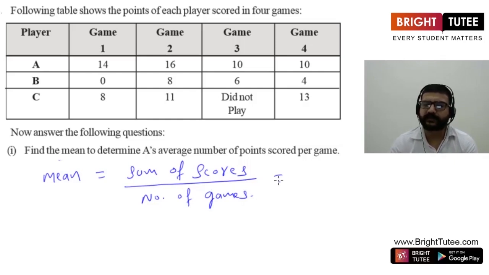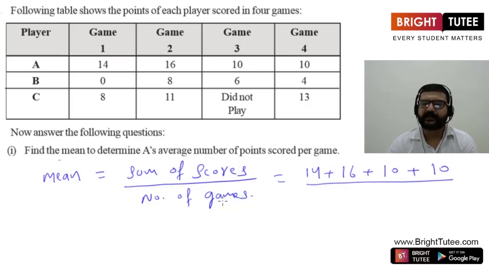So the sum of all the scores will be 14 plus 16 plus 10 plus 10. So these are the scores made by player A in how many games? In 4 games. So the total number of games will be 4 here.